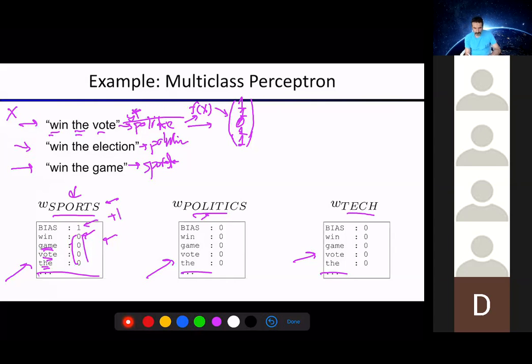Okay, for this it is all 0, so it would be 0. For tech it is all 0, so it would be 0. So what is the label produced by this classifier with the current weight?